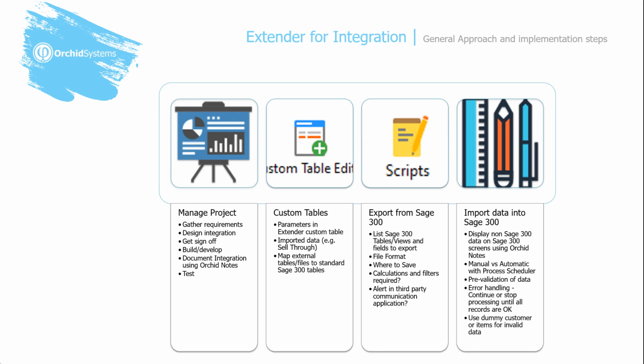When we're importing, do we need to pre-validate the data? Check if the fiscal period is open, if the item exists, if the vendor exists, if the customer exists, if the customer is on hold. And what happens if some of this data is not valid? Do we continue and process all the records that are okay, or do we stop processing and only process the file if all the records are okay?